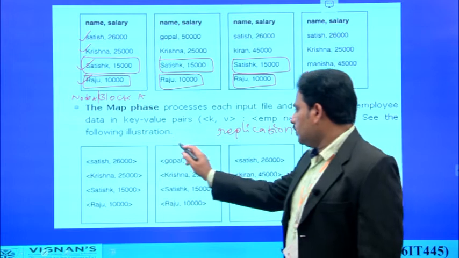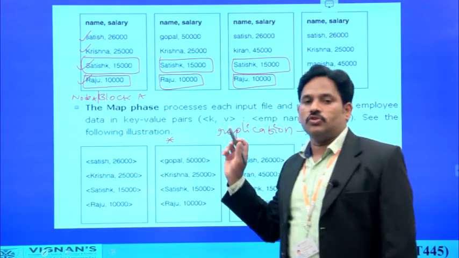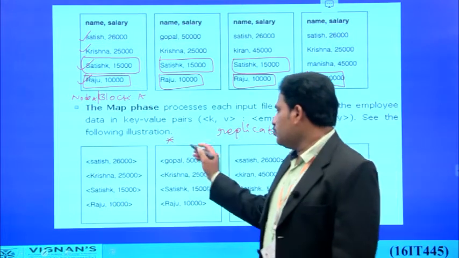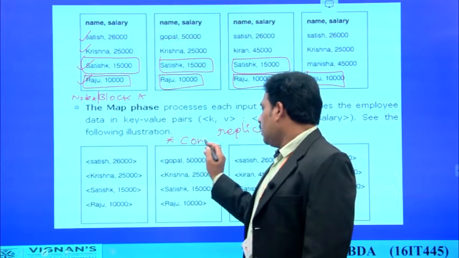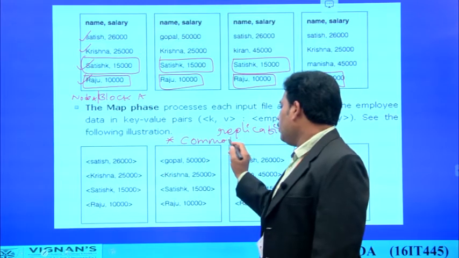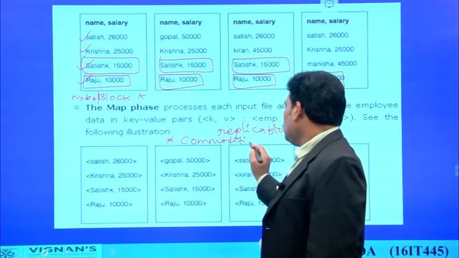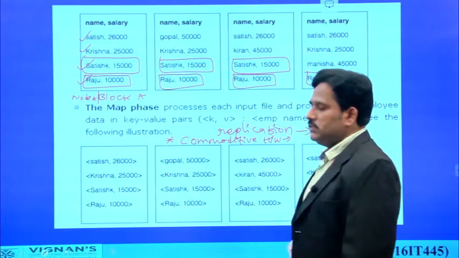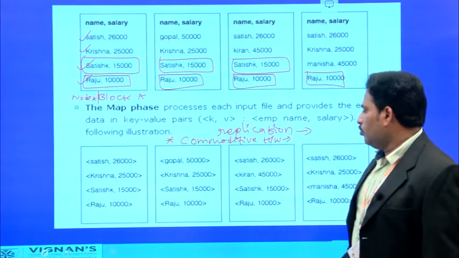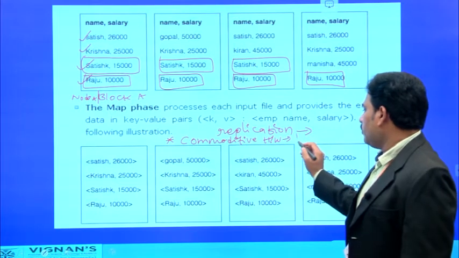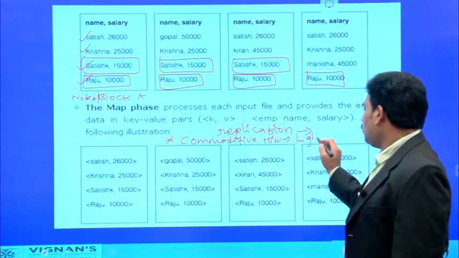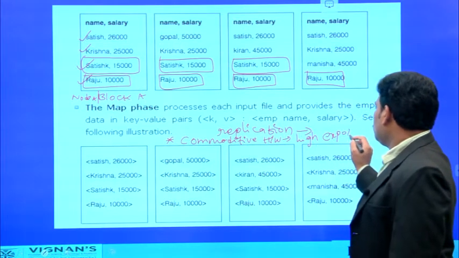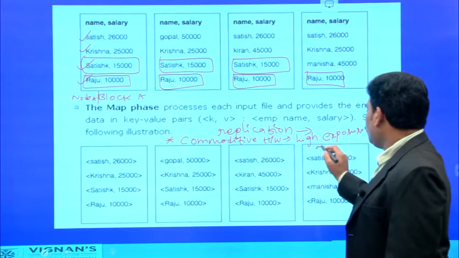Here, our question is why we want to use this duplication of the data. Now, one primary reason is we are using commodity hardware. In order to store the data, we are using commodity hardware. Commodity hardware is cheaper in cost, and one more problem is it has a high exposure to failure.